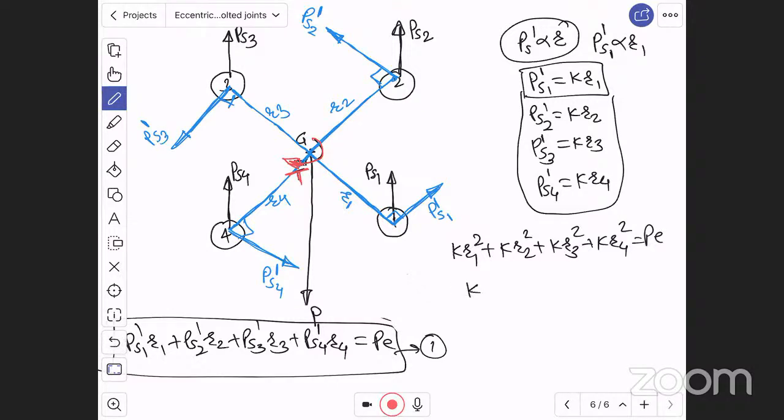Therefore, if I consider K common, K is equal to P into e divided by r1 square plus r2 square plus r3 square plus r4 square.